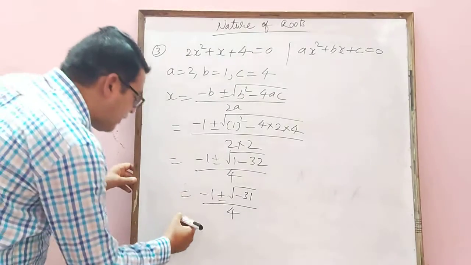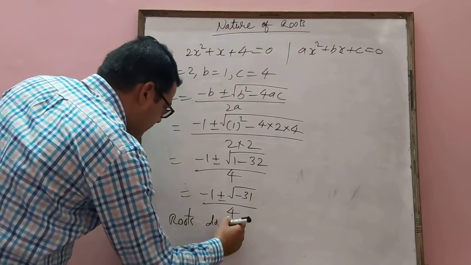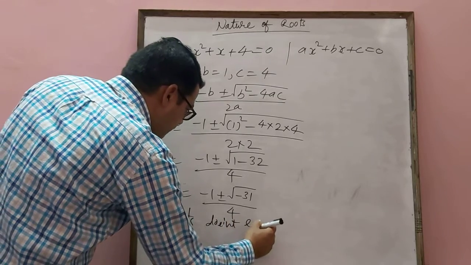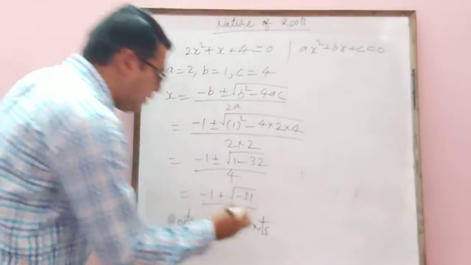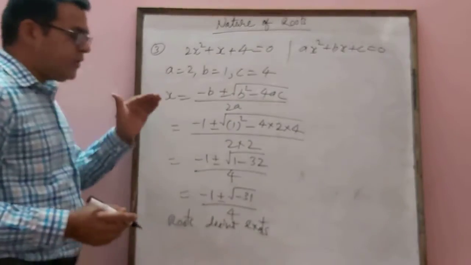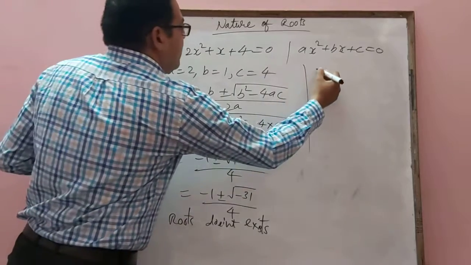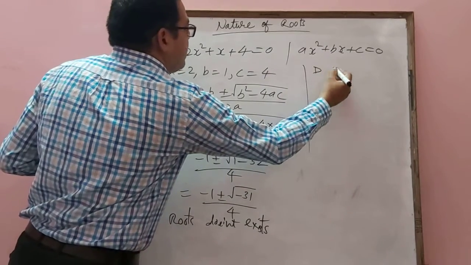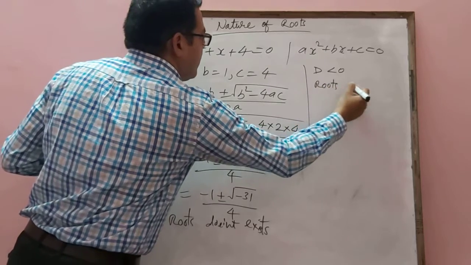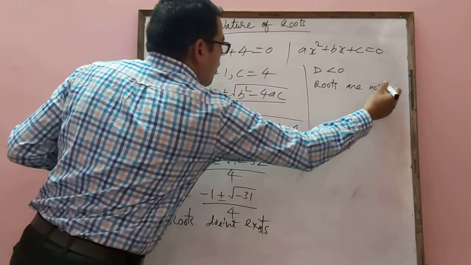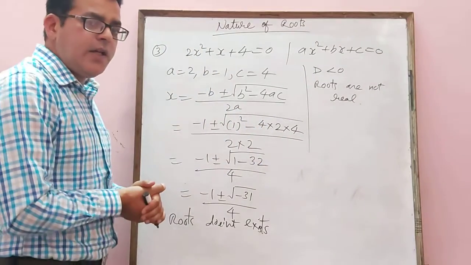So we can write here roots do not exist. It means if discriminant, that is d, is less than 0, then roots are not real. Hope you understand. All three cases we have discussed here.